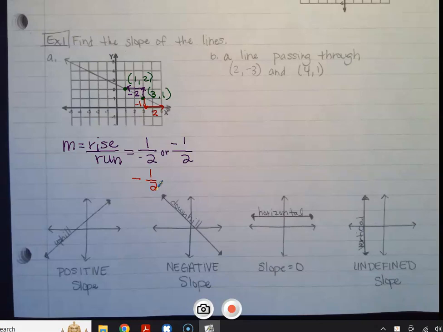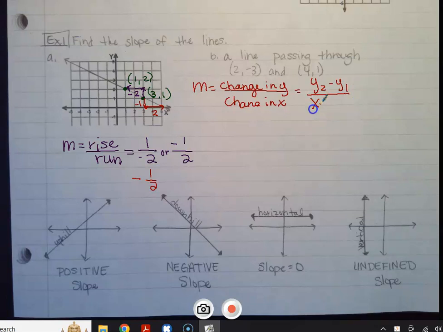We could think about, yes, the change in y and the change in x because they gave us 2 numbers. So it's the change in y over the change in x. What does change mean? The difference, so I need to subtract. That's where that other one, y2 minus y1, divided by x2 minus x1 comes in.